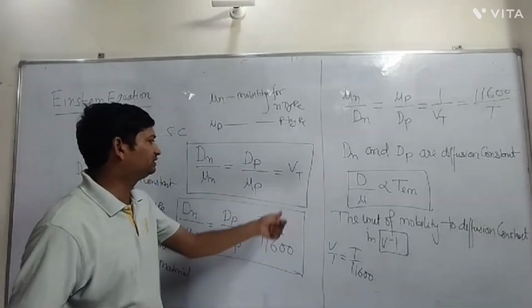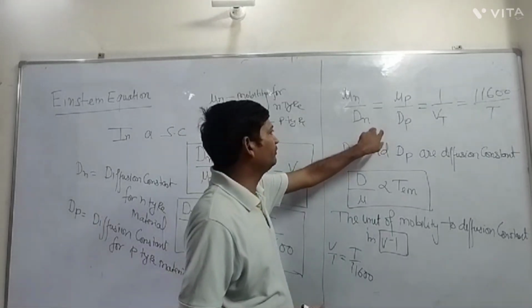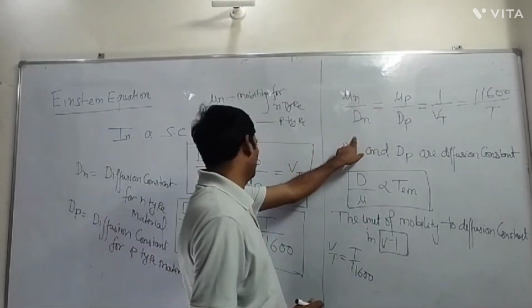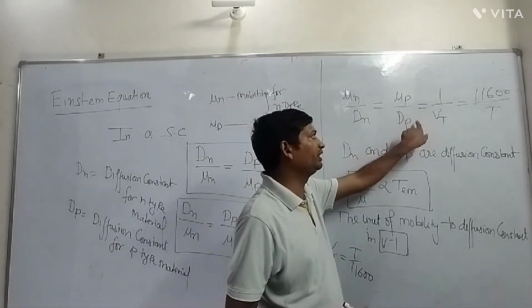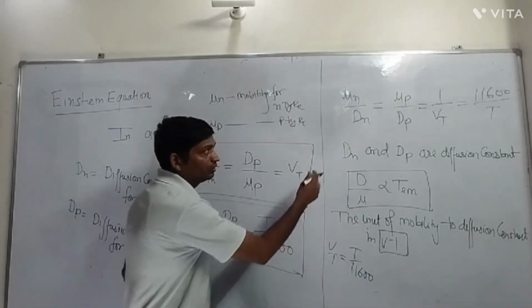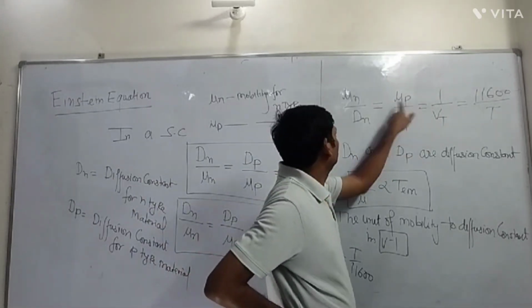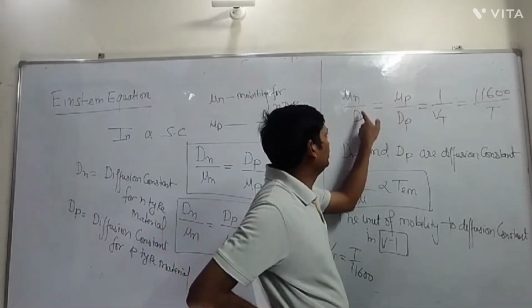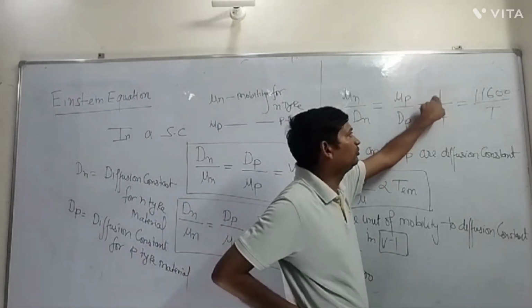We can write the modified form: mu n divided by Dn is equal to mu p divided by Dp is equal to 1 by Vt.